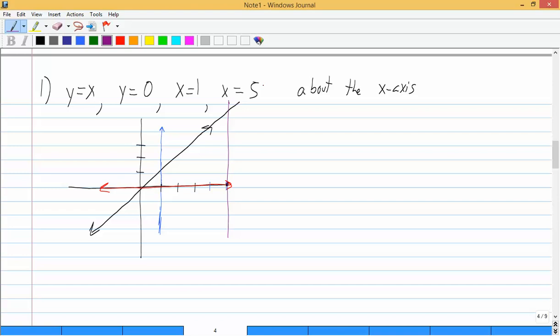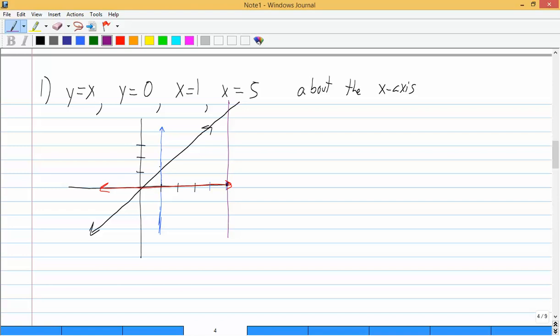So at first, before I drew everything, I was thinking this was the region, because that is a bounded region. However, because we have x equals 5 in here also, then the bounded region is this region here. So this is the region where all of our rectangles would be formed, which then we would revolve about the x-axis to give us discs.